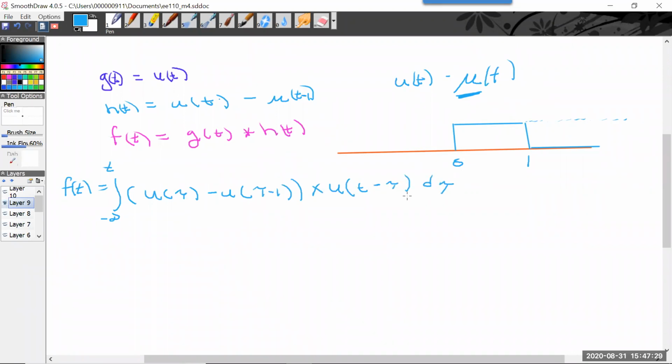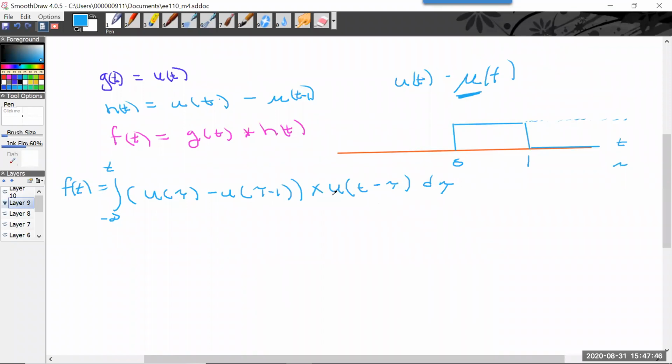So what this has the effect of doing is that for minus t along the dummy axis, it flips this.